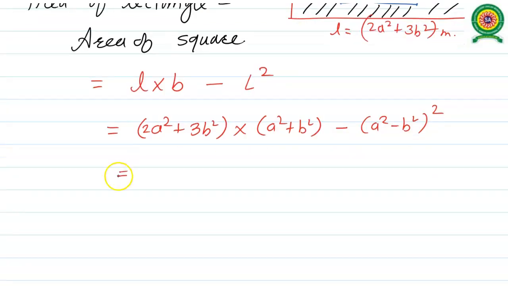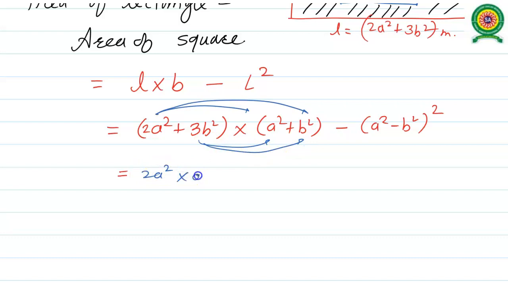Now what shall we do? Let's first simplify the two brackets, binomial into binomial. We distribute 2a square over the bracket and next 3b square over the bracket. So we get 2a square into a square, plus 2a square into b square, plus 3b square into a square, plus 3b square into b square.